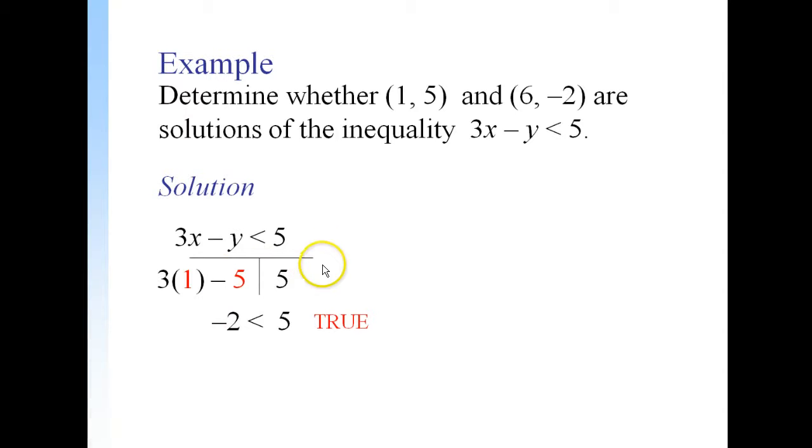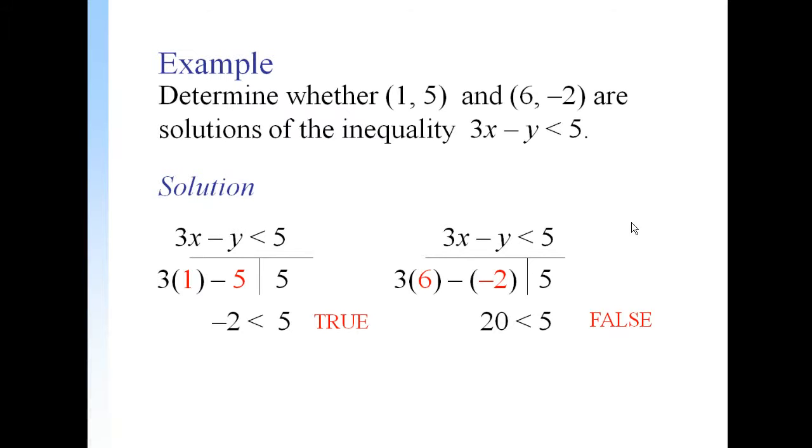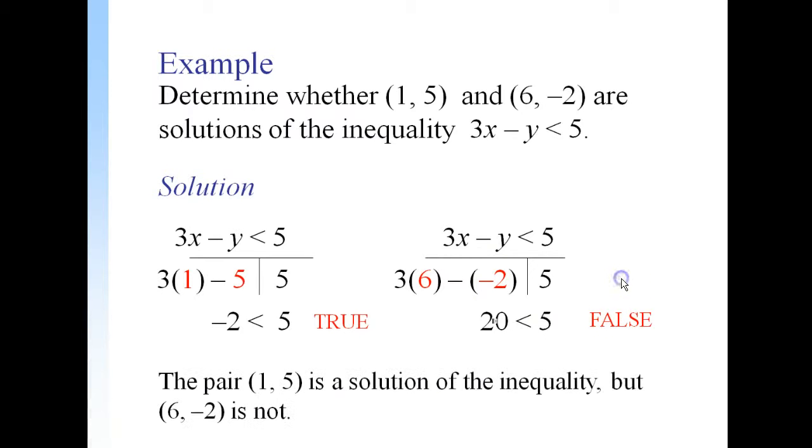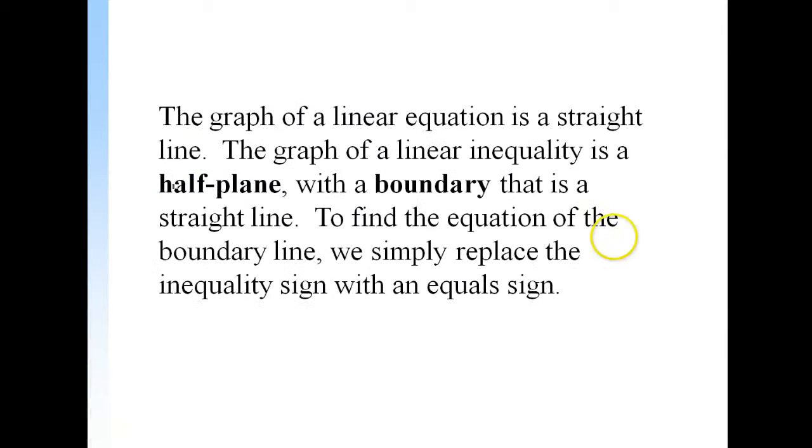That is a true statement. And in this one, if we substitute those ordered pair items, we get a false statement. So the first one is a solution of the inequality, but not the second.